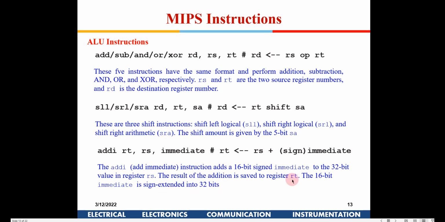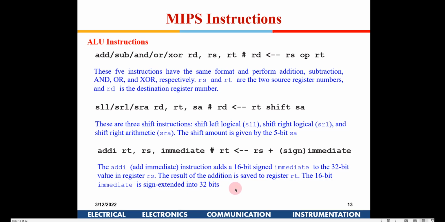For 16 bits, minus 10 will start with 1, then a run of 1s, and then some values. If I have to convert that minus 10 into 32-bit data, from the 17th bit to the 32nd bit I have to put all ones. Then it will continue to remain minus 10, the value doesn't change. That is sign extension.